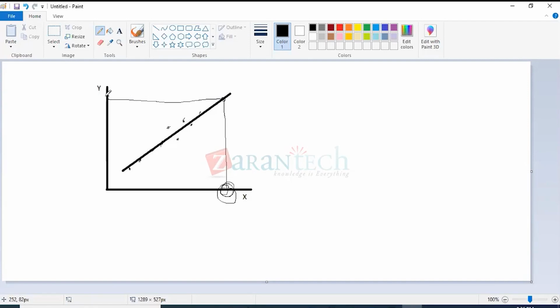So you got a value for y. Sorry, my bad, y is nothing but my weight, not height. So how we can use this line is, I draw a line which finds me a point on this line, and then I draw a horizontal line which will give me the weight. So that's how linear regression works.